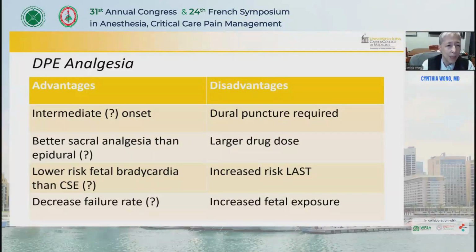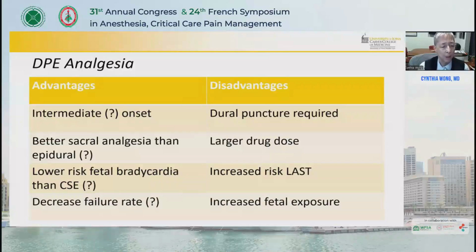Some studies, but not all studies, again, show that there's better sacral analgesia with the DPE compared to the epidural, and we'll talk about why this is important in a minute. There is possibly a lower risk of fetal bradycardia than CSE. Again, this has not been well studied. And it seems like there's probably a decreased failure rate compared to an epidural.